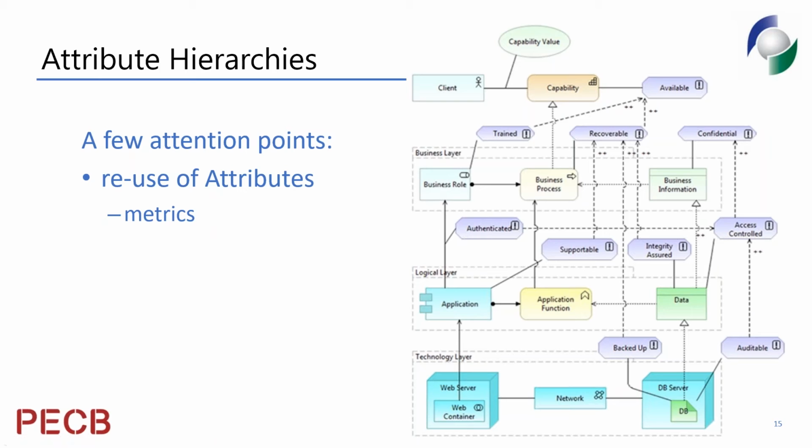Again, we talked a little bit about the principles becoming hubs, becoming attention points. So on larger models, it's best not to include the metrics within the principle itself. You can externalize them, and you have to remember that the singletons, because they are very abstract, they're universal, and it would be very easy to say here, for example, that recoverable is influencing availability, and you draw the influence relationship between them.